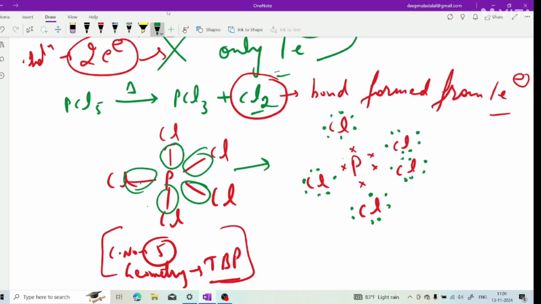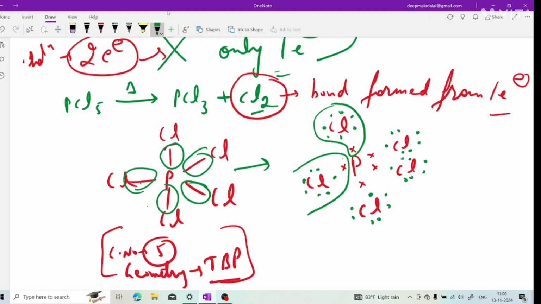Now, chlorine needs 1 electron to complete its octet, and it takes 1 electron from phosphorus to complete its 8 electrons. Okay, now this chlorine also takes an electron to make a bond.